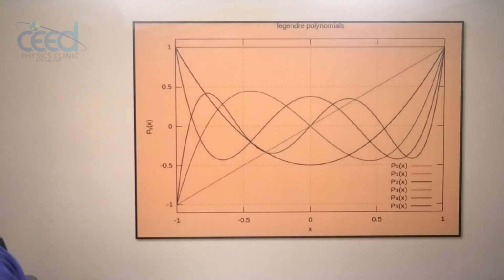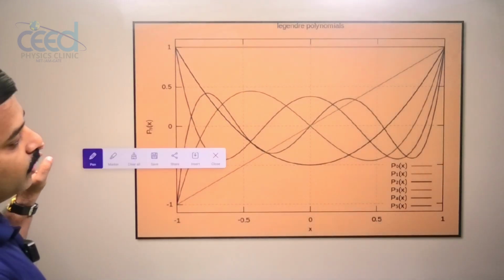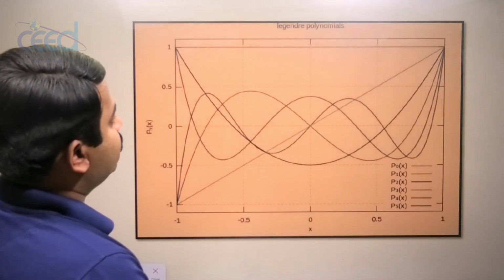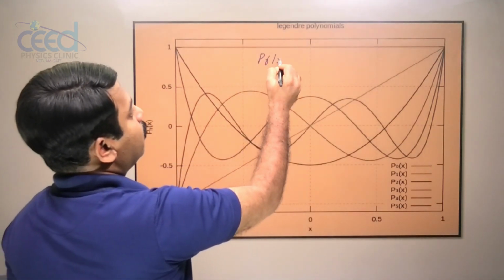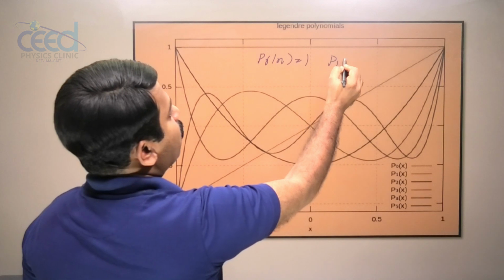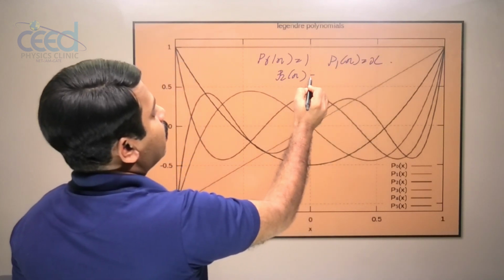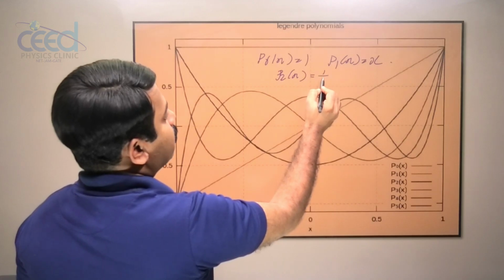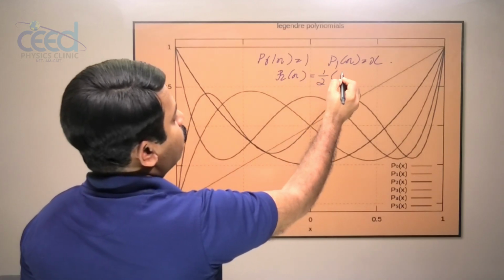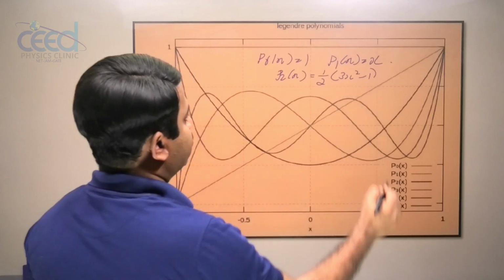Next, graphical representation. What is p0 of x we have seen? 1. What is p1 of x we have seen? x. What is p2 of x we have seen? 1 by 2 into 3x square minus 1, right?